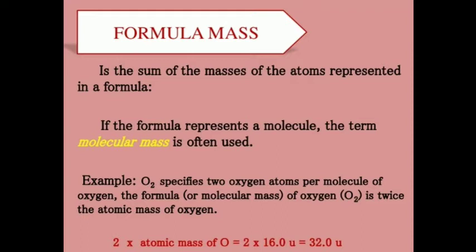When we write molecule, it means it is O2. So 2 should be multiplied with 16 and the molecular mass of oxygen gas, of the oxygen molecule, will be 32. But at the same time, just listen properly. If I am talking about an oxygen atom, then the mass will be 16.